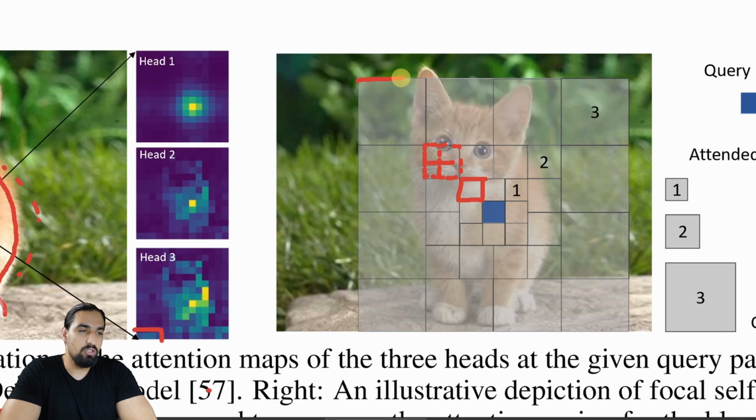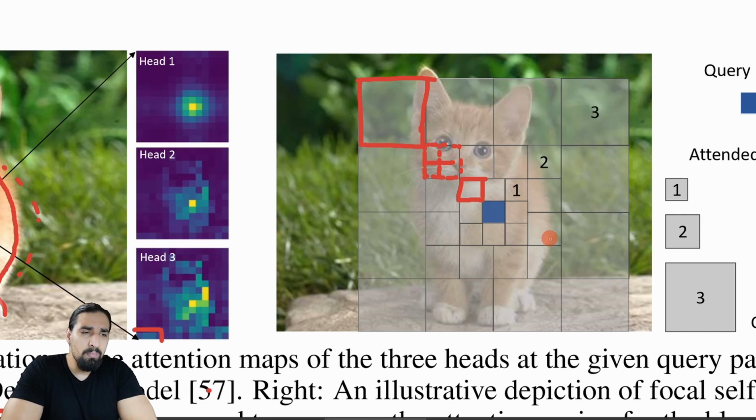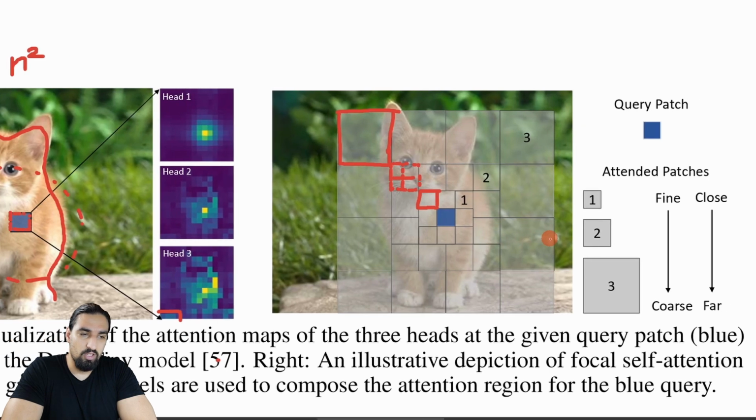And the same thing here, maybe 4x4 patches will be summarized into a single patch. That means we keep both the local as well as the global connections, and we also reduce the computation, obviously, because we have fewer tokens to attend to. So that's the main idea of this paper.